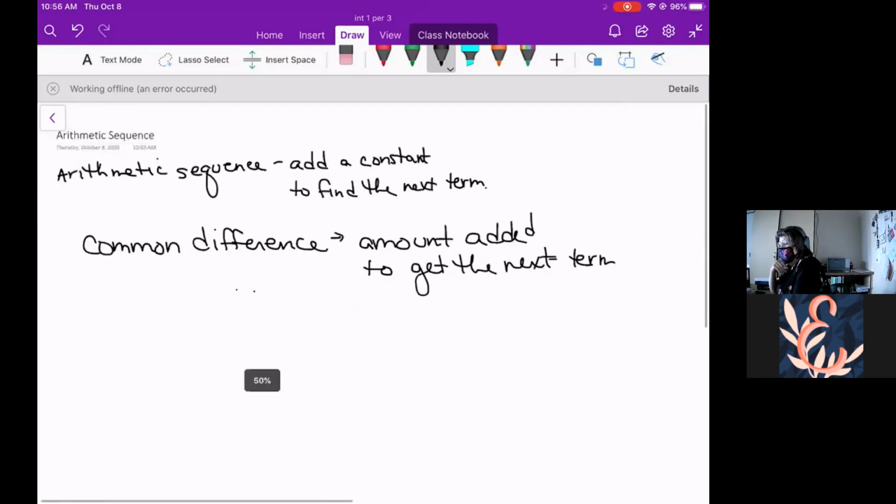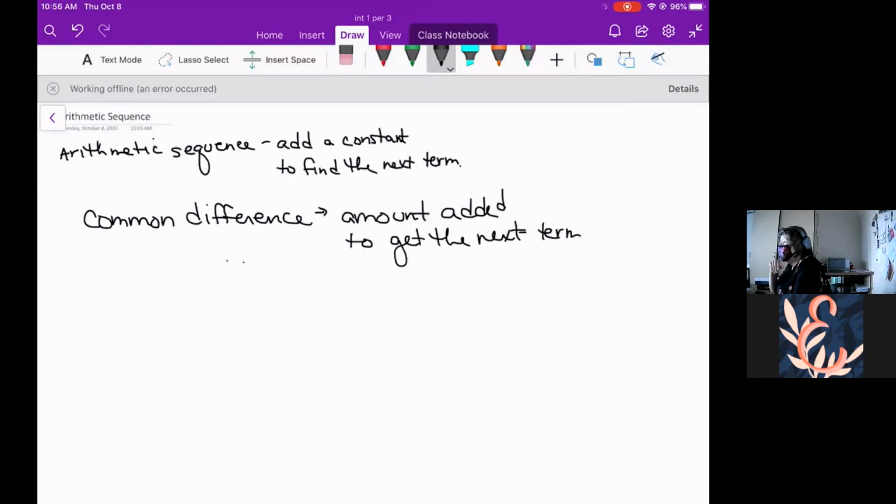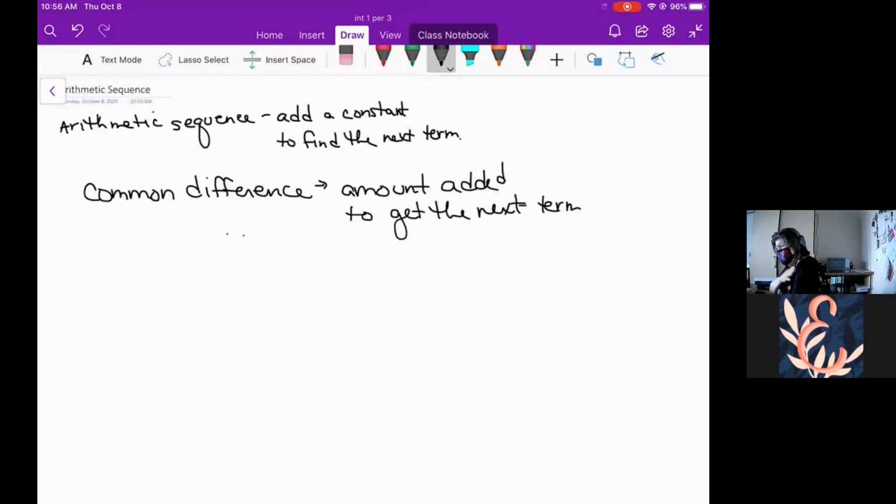And I'm just going to give you the formula today because I think you'll understand it based upon how you did with the geometric. The formula for this one is A sub n equals A sub 1 plus D times n minus 1.